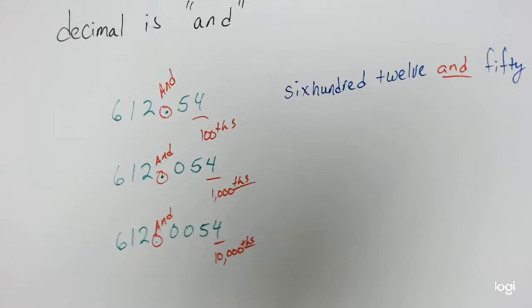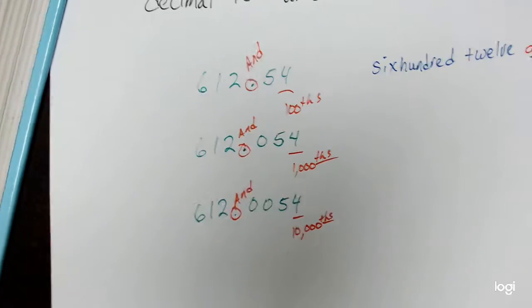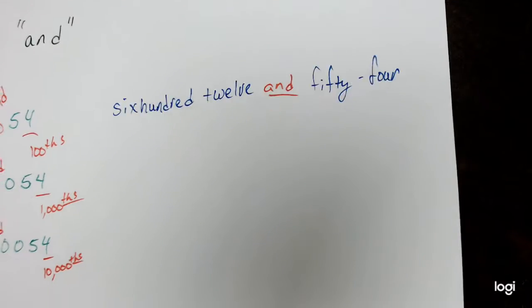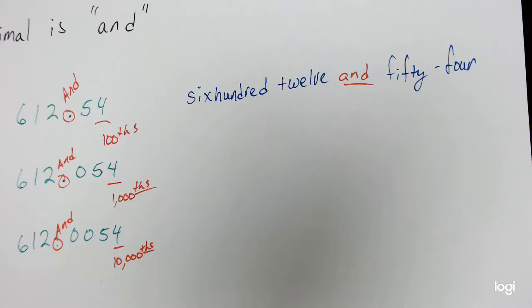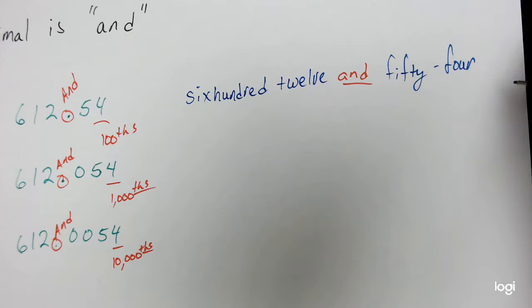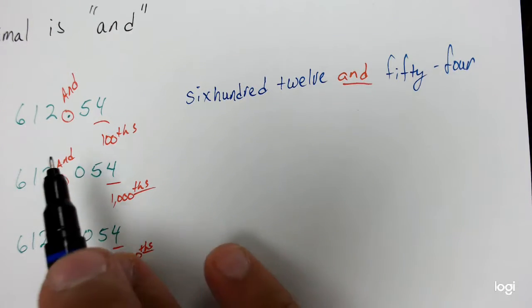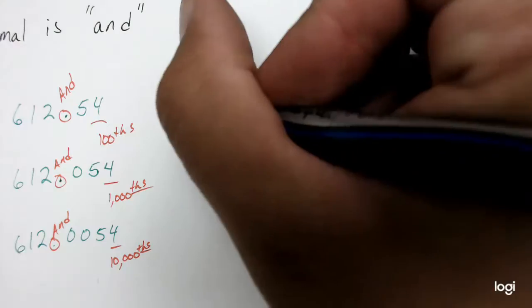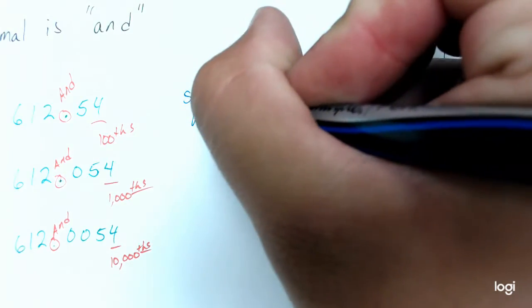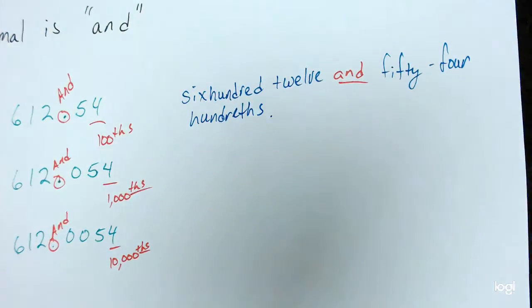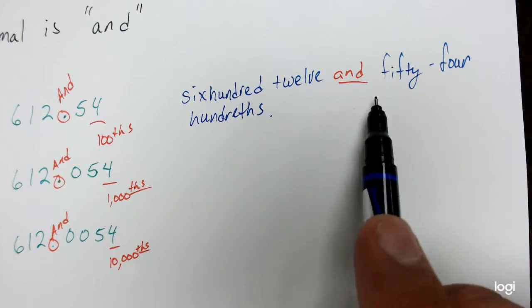Let's adjust our paper here. 54, and then thousandths. Sorry, not thousandths. I was confused. Hundredths. So 54, and then I'll just put the word hundredths on the end. Period. So this is my number, 612 and 54 hundredths.